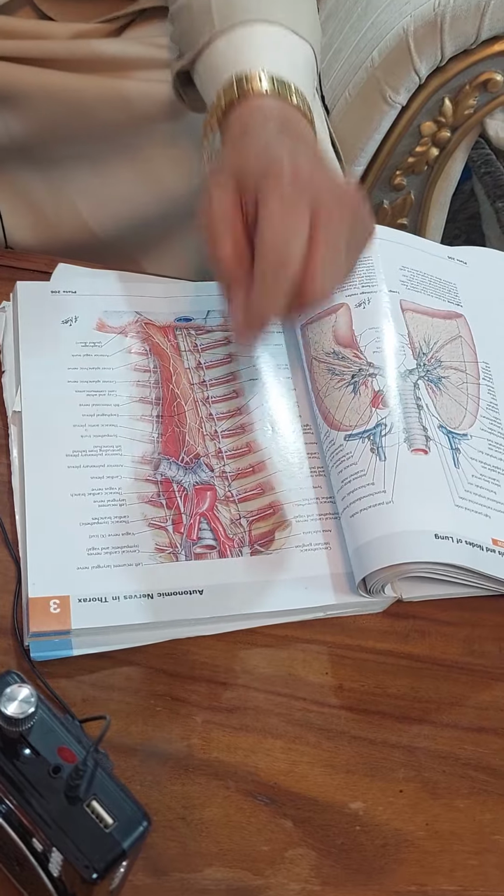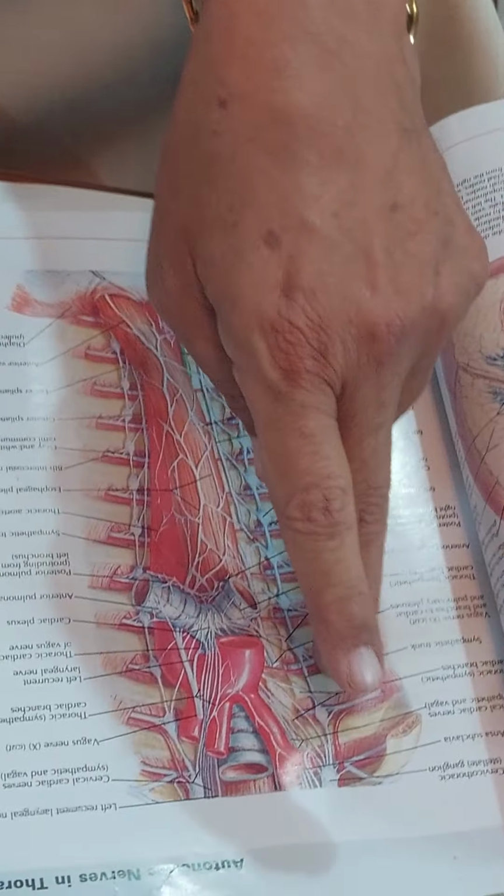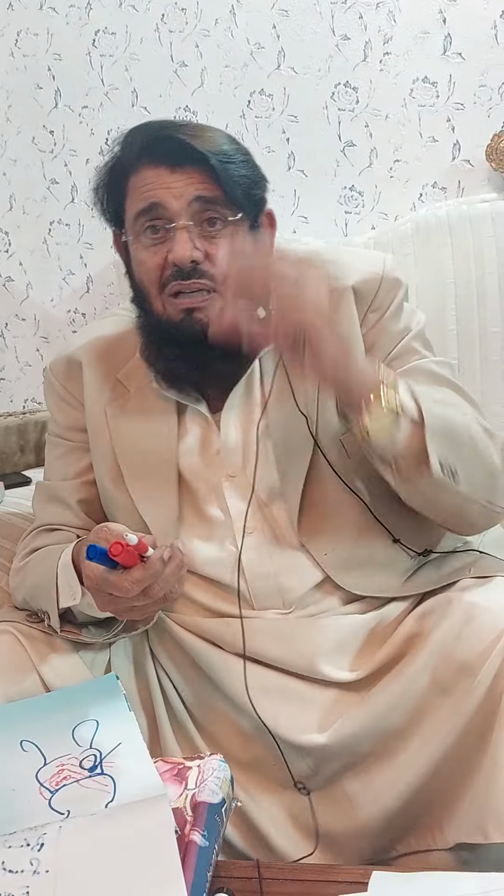That's why it is said that any trauma or tumor at the T1 level will produce a condition called Horner syndrome. There will be drooping of the upper eyelid, and the pupil will be constricted. That is because the disease is at the T1 level of the spinal cord, and there is compression over the sympathetic chain.